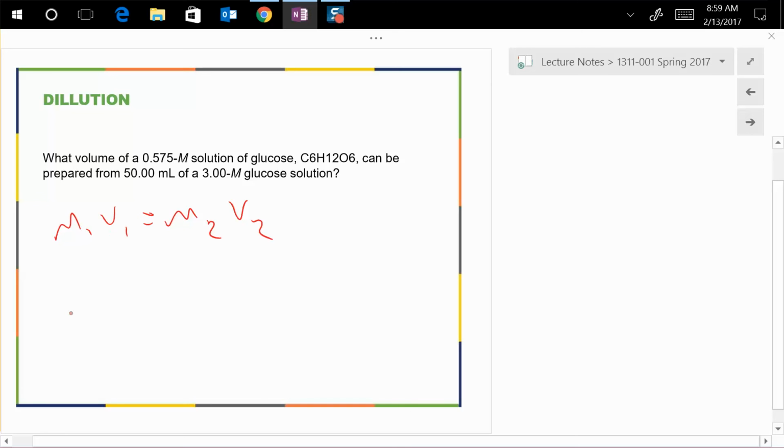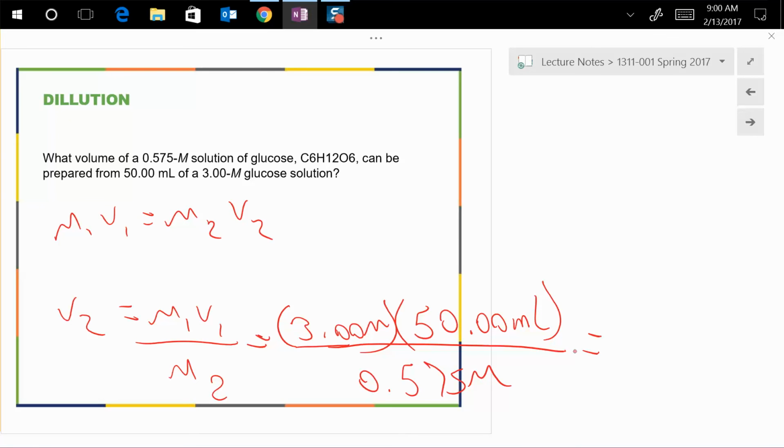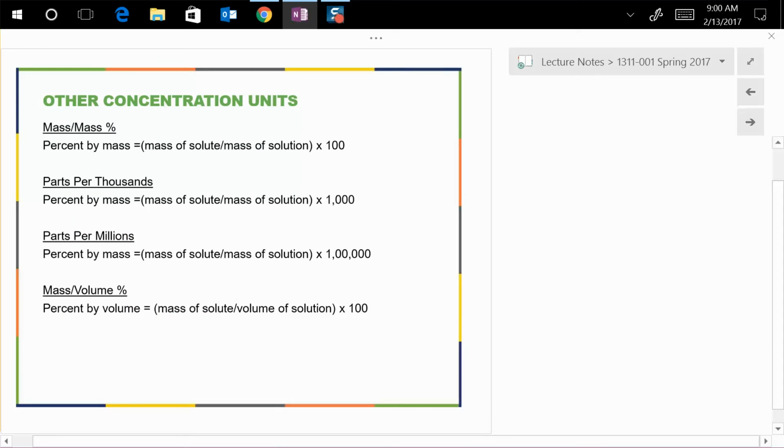So we're looking for V2, what volume equals M1 V1 over M2. 3.00 molar times 50.00 milliliters divided by 0.575, and that's going to give us the volume that can be prepared. Okay? All right. I don't want to belabor that too much.